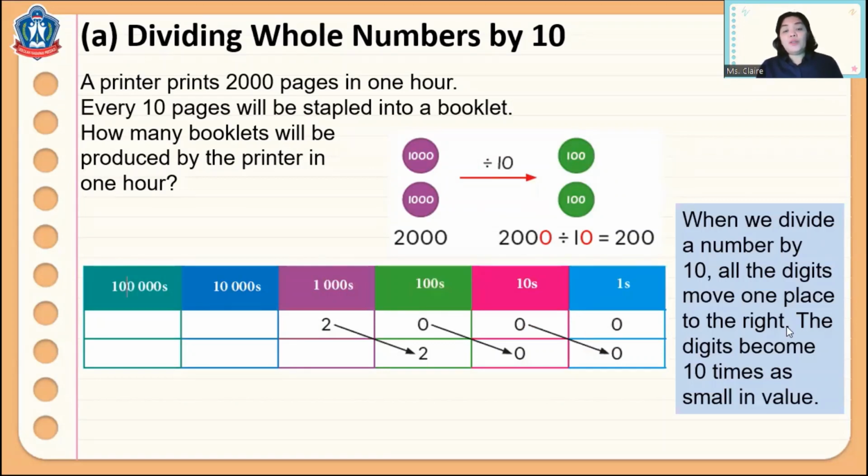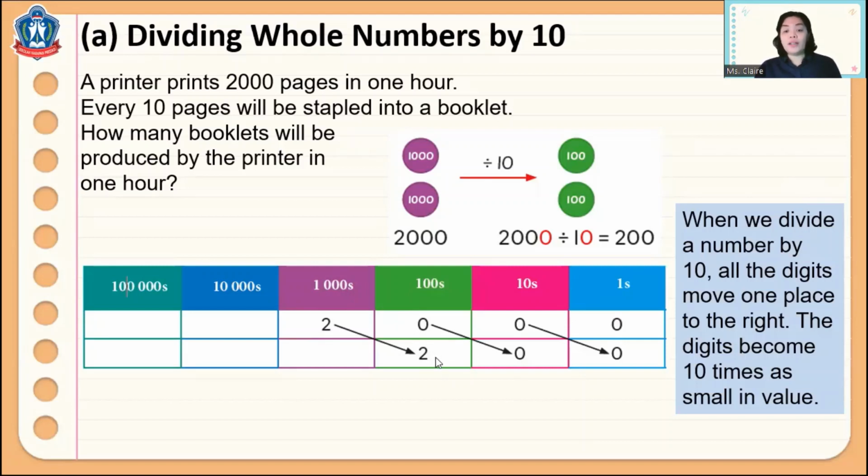When we are going to use a place value chart, take a look. When we divide a number by 10, all the digits move one place to the right. So this is the opposite of multiplication. The digits become 10 times as small in value. So from 2,000, the 2 here, which is in the thousands place, will move into the hundreds.